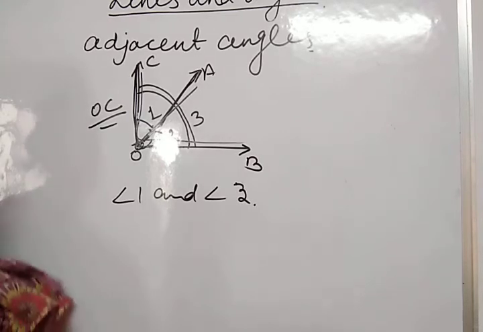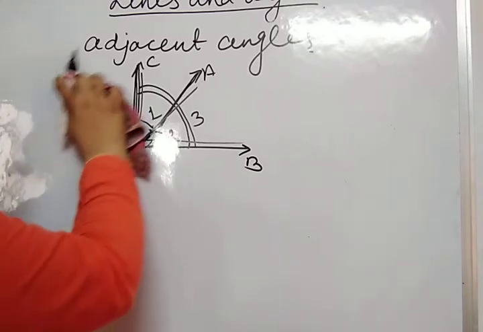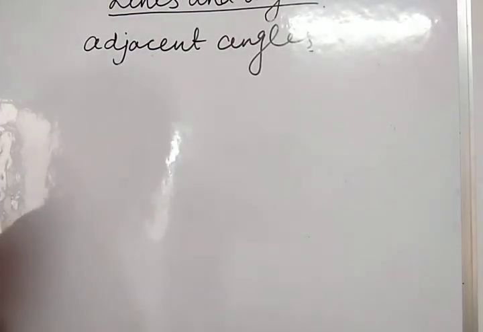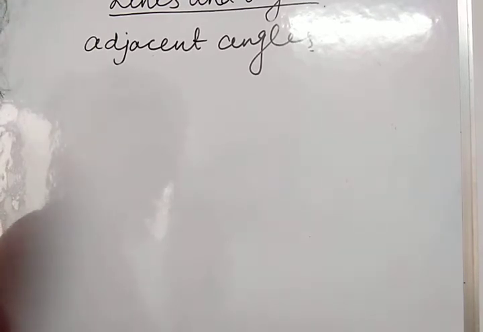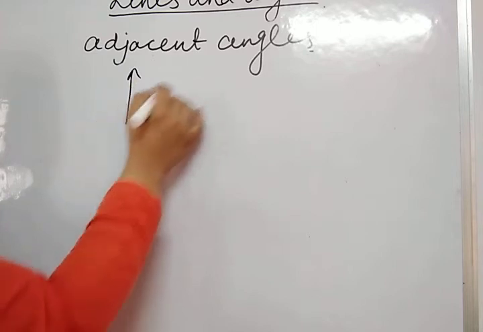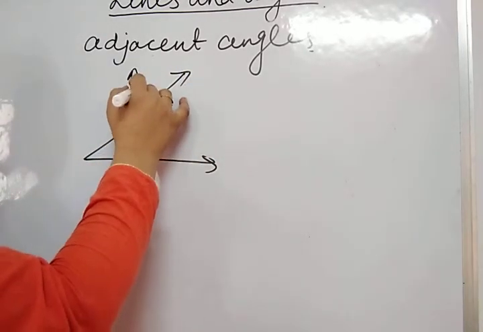So by that condition, these two angles are not adjacent angles. Now see the third, try these. We have to find out whether these angles are adjacent angles or not.